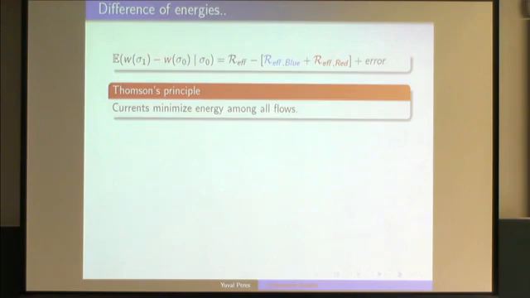And once you have this form, you see that this should always be non-negative, because the right-hand side is what you get if you glue everything between the blue and the red interfaces. So this difference we subtracted, what's in the square brackets, is also the resistance from the red to the blue sources, but when we glue everything between the red and the blue interfaces.